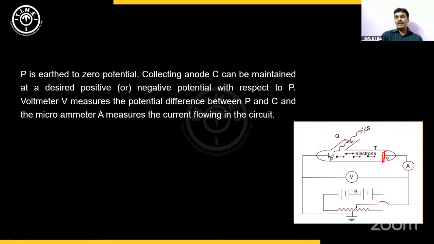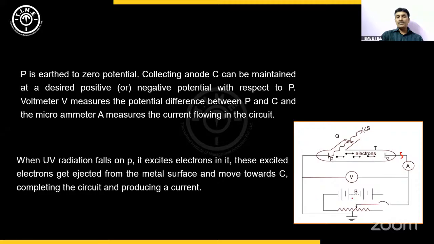This plate can be made positive or negative with the help of this slider here. The voltmeter between these two measures the potential difference between P and C. And if there is any current passing through this, that is measured by the microammeter.